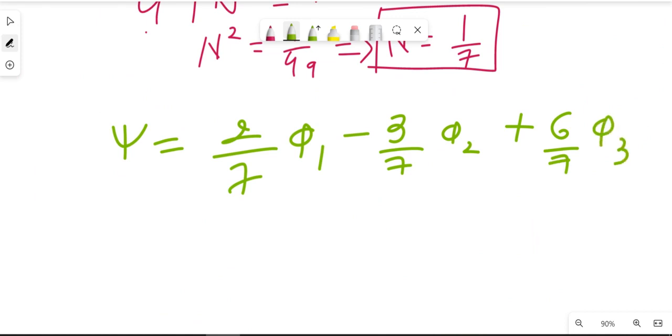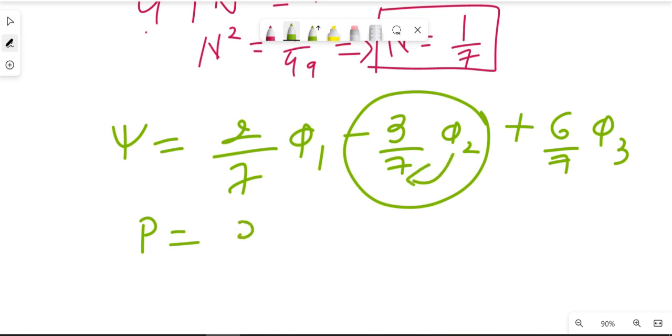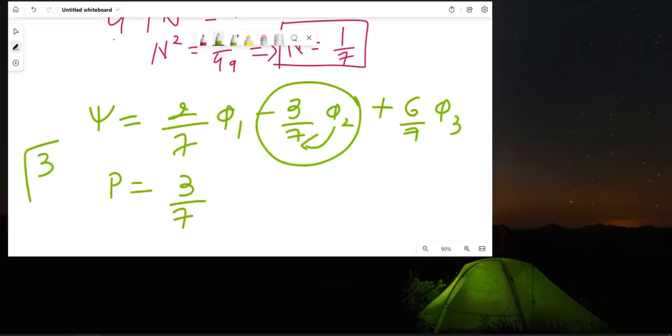And we are asked the question for the probability of the state in phi 2, so the probability will be the coefficient of phi 2, and that is 3 by 7, so it will be 3 divided by 7.